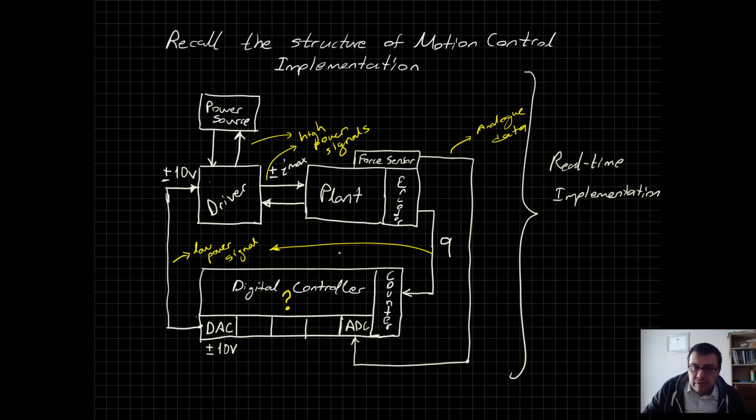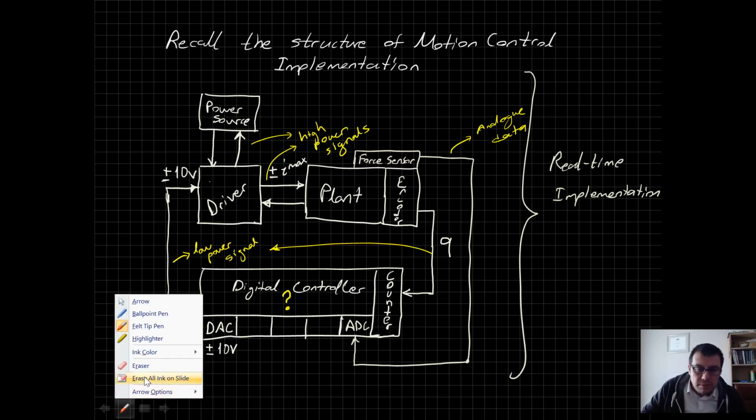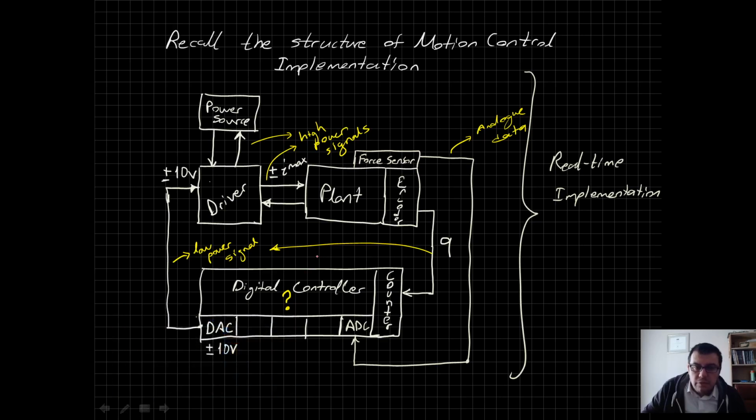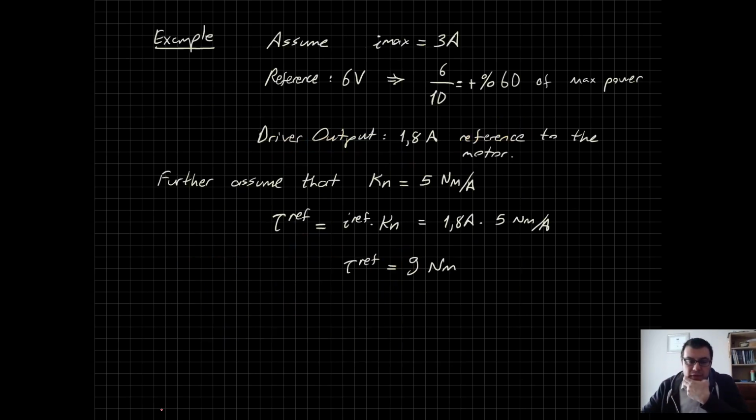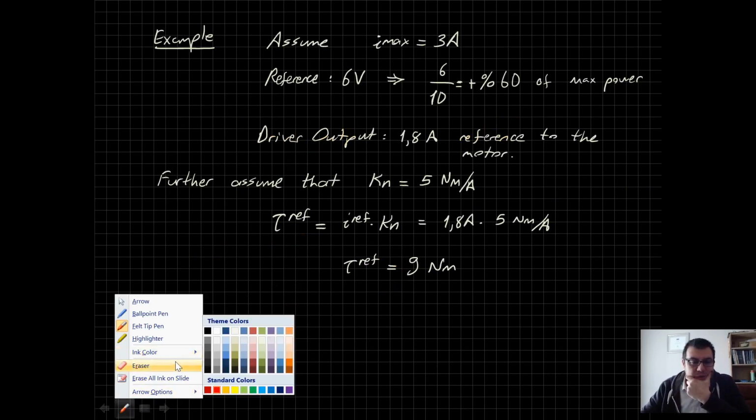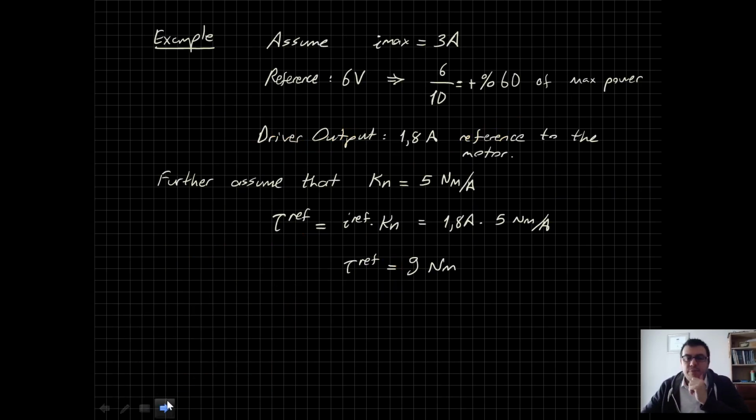So we have to have this overall loop to be run very fast. The time difference between every two consecutive loop iterations is referred to as the sampling interval, sampling time, dt. These are all information you already know from our previous classes.